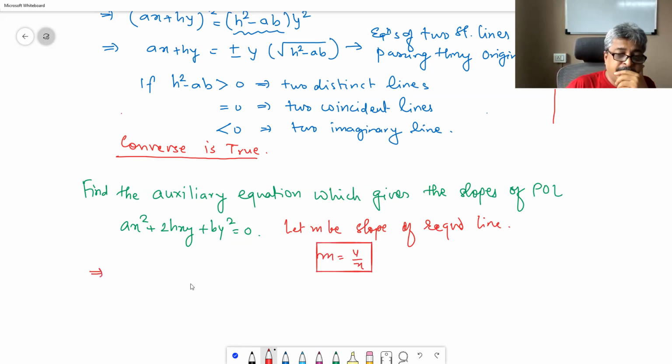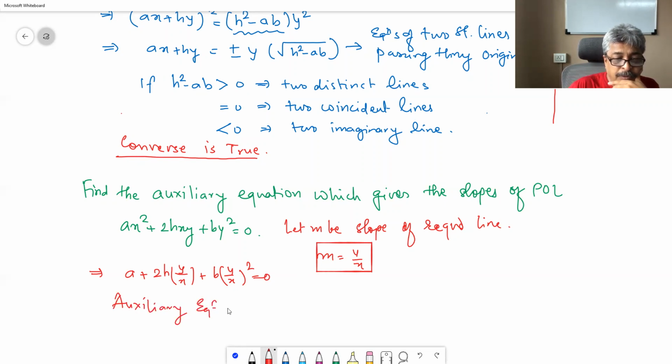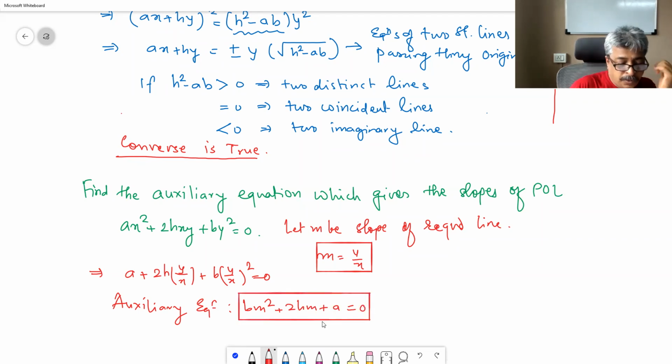Therefore, dividing by x throughout, we get a plus 2h y by x plus b y square by x square is equal to 0. y by x is m, therefore the auxiliary equation is bm square plus 2hm plus a is equal to 0. Easy.